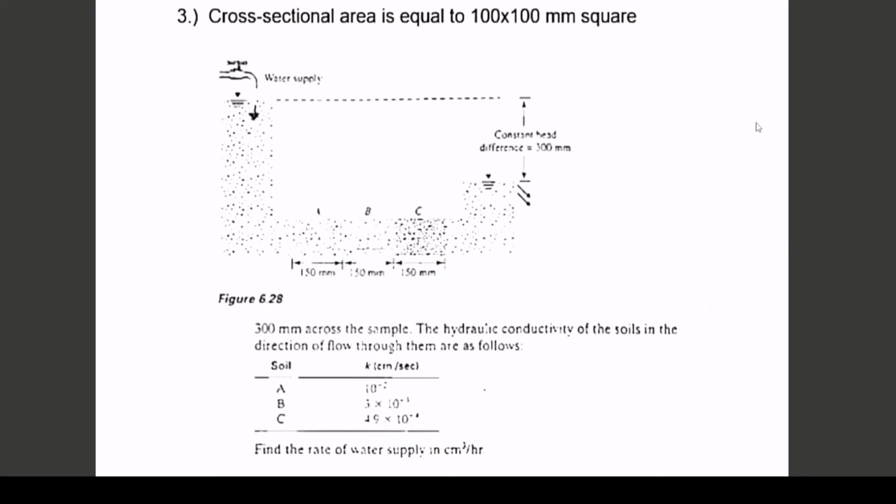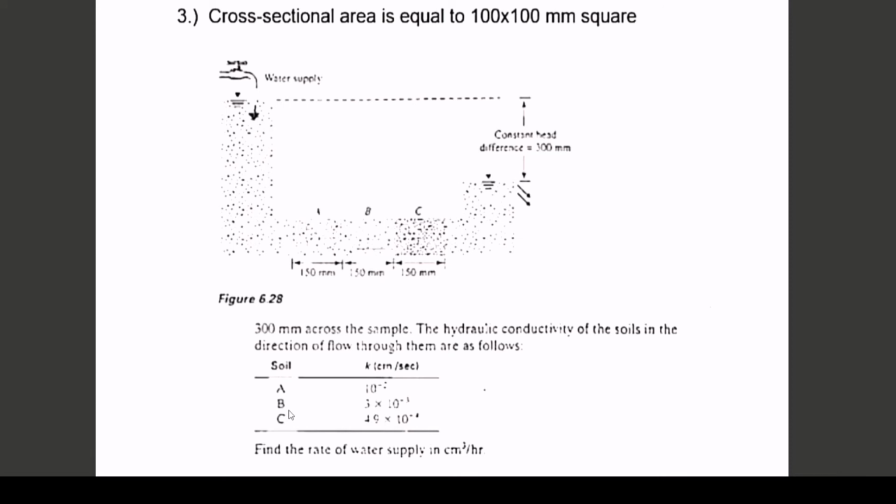Ngayon sa ikalawang problem naman tayo. Given itong cross-sectional area, which is equals to 100 by 100 millimeters square, the hydraulic conductivity of the soil in this direction of flow through them are as follows. Sa soil A, na meron siyang 150 millimeter length, ay may coefficient of permeability in centimeter per second na 10 to the negative 2.